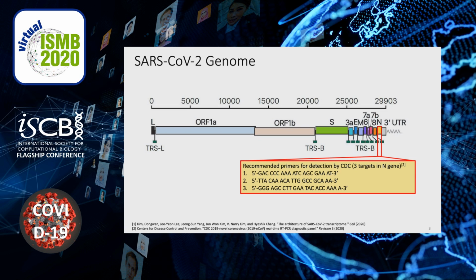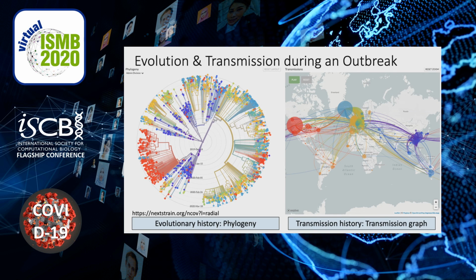For instance, CDC recommends using these three primers for targeting three regions in the N gene. However, to study the evolution and transmission of this virus, one needs to sequence the whole genome of the virus. This is an example of the phylogeny and the transmission graph for the COVID-19 pandemic generated using NextStrain.